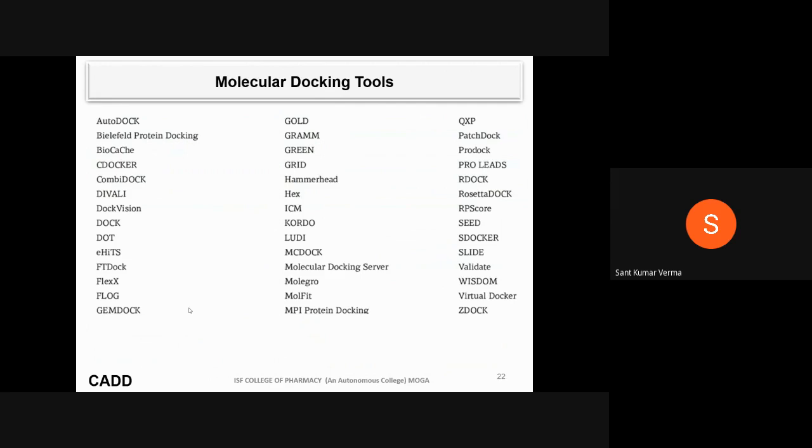We are continuously working on the docking approach of different ligands with different targets using MVD. There are other freeware tools available. You can also use these tools to perform molecular docking.